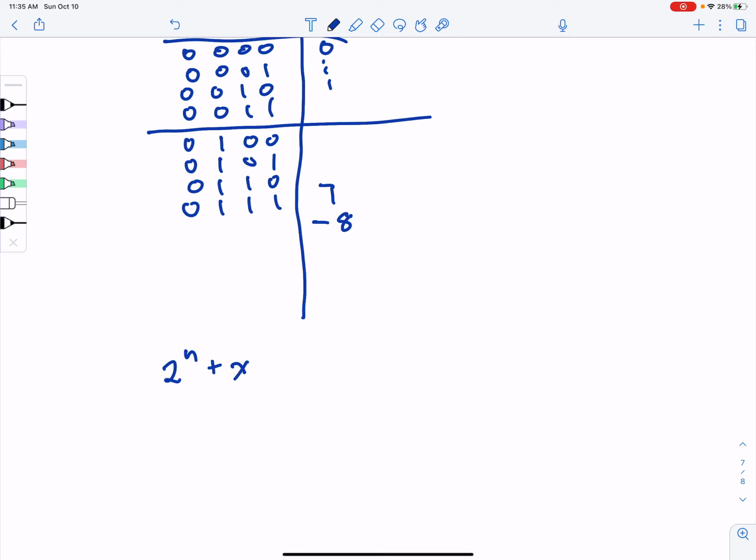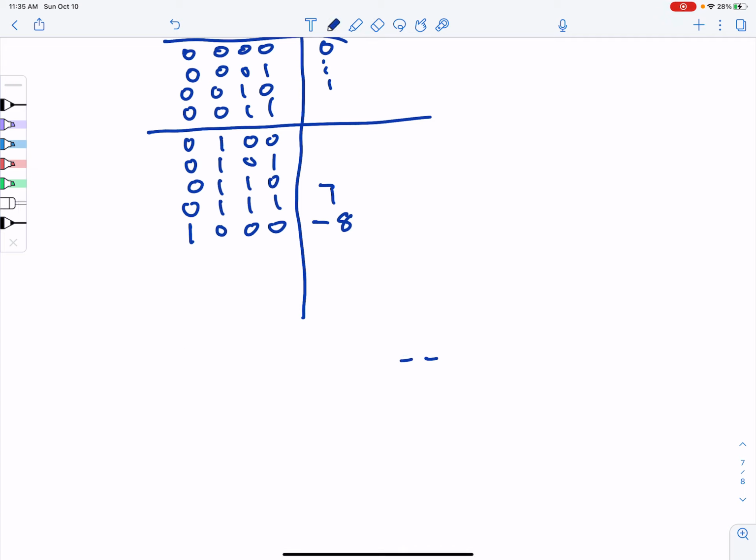With n equal to 4 for 4-bit, it'd be 2 to the n, so it's 16 plus -8 equals 8. 8 in binary is 1, 0, 0, 0. We've actually done this several times in class.